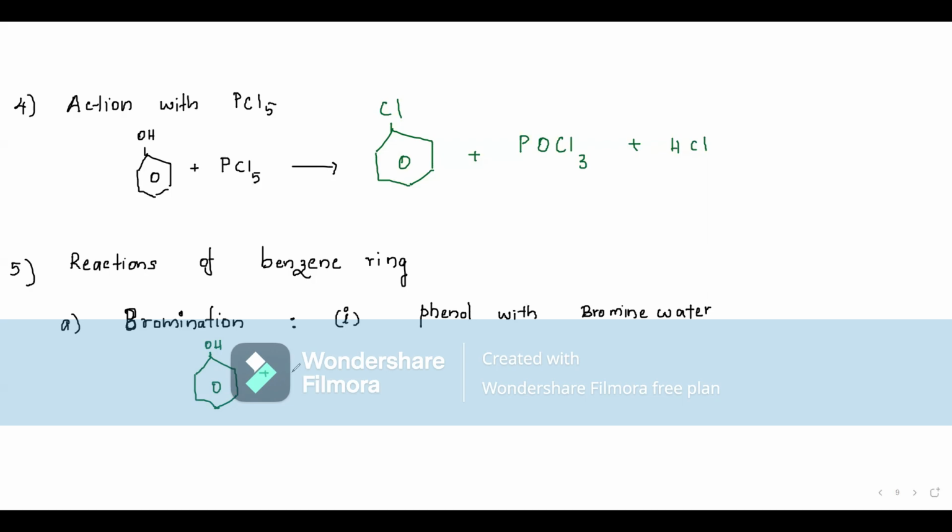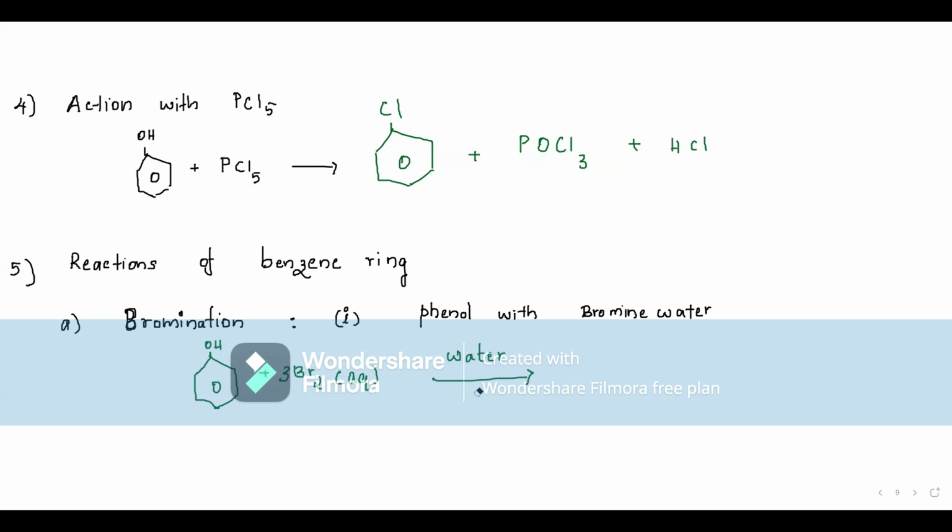How do I write bromine water? I can write it as Br2; I need 3 molecules of Br2. In bracket, aqueous. It is compulsory to write aqueous. If not aqueous here, you can also write water on top of the arrow. Any one is enough. Either write it as aq here, or write 3Br2 and water.